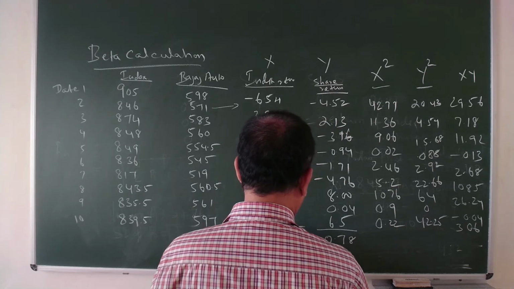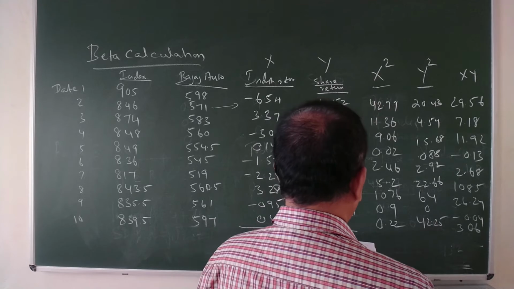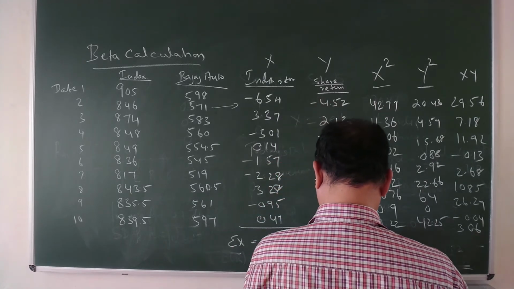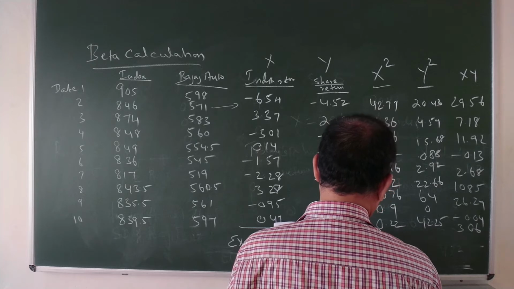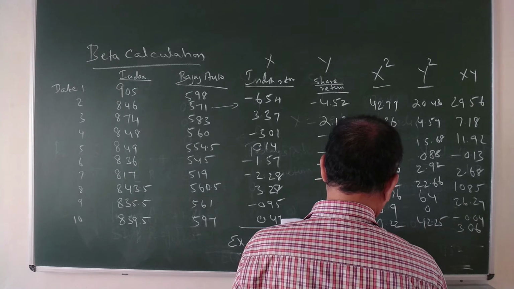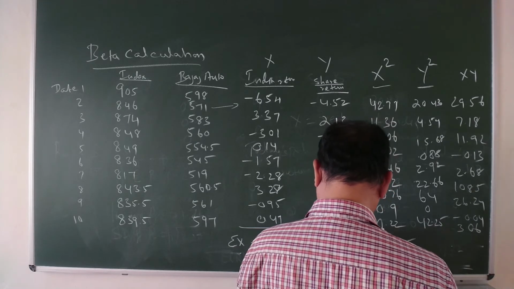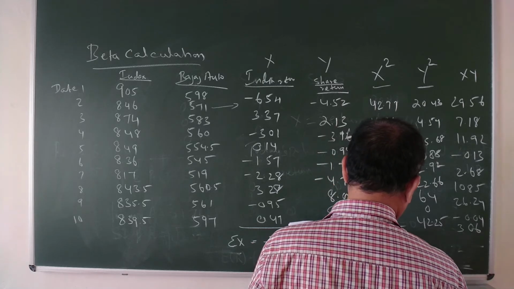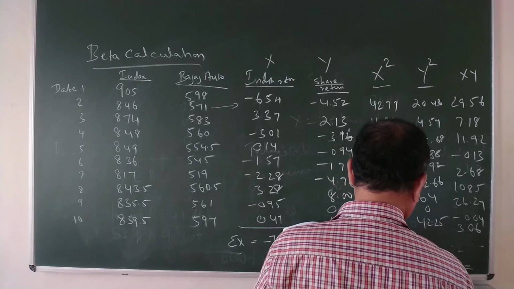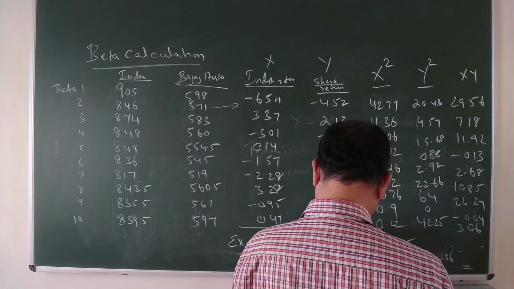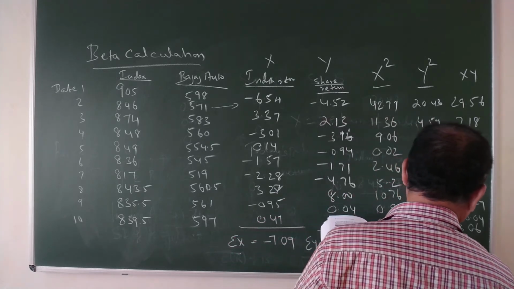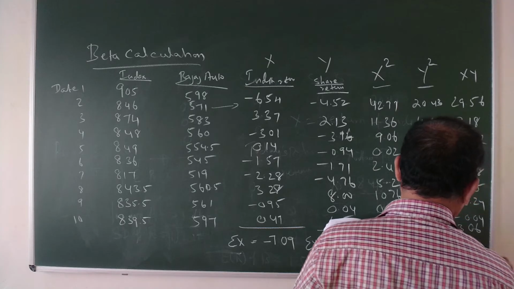Sigma x square is 82.75, sigma y square is 173.36, and sigma xy is 91.32.